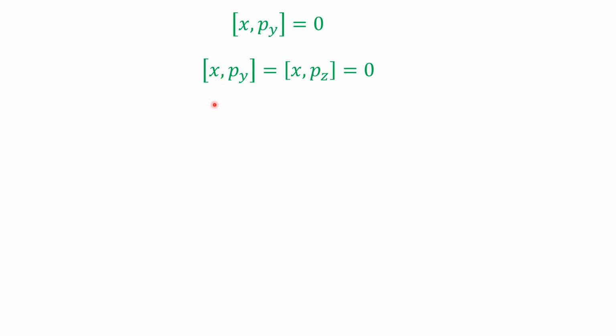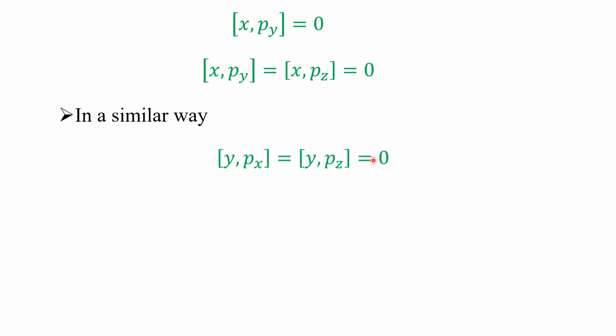That is the meaning of this. We have seen already that the commutation of x with px is equal to I h cross. In a similar way, the commutation of y with px and the commutation of y with pz are equal to 0. Similarly, the commutation of z with px and of z with py are also equal to 0.